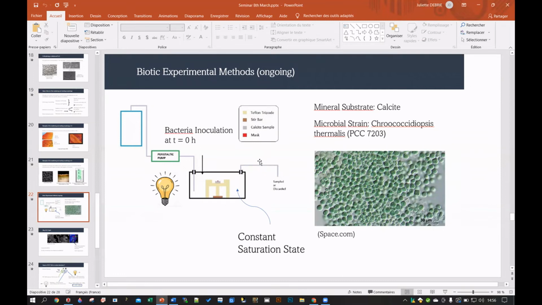The only difference will be local, and that is what we want to see: the local impact of the microbes, despite the overall conditions in the solution. If it is not possible for calcite, we will see.